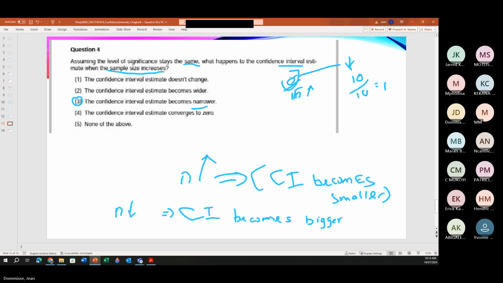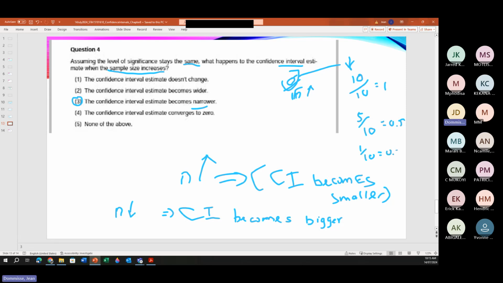If my standard deviation now becomes 5, so it becomes smaller, my n stayed the same, now that becomes 0,5. And if that now becomes 1, it becomes 0.1.